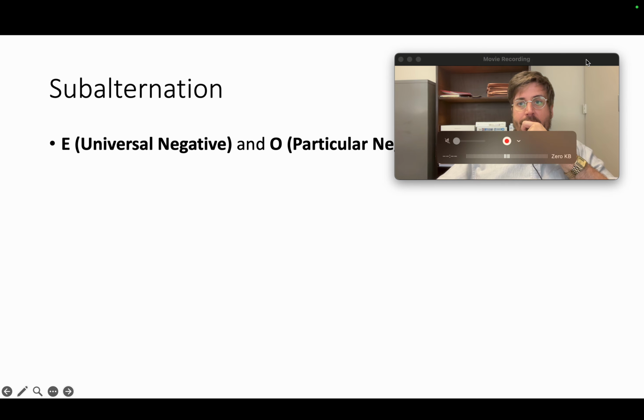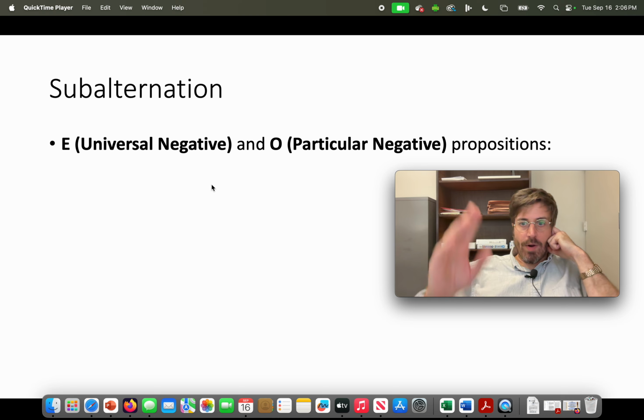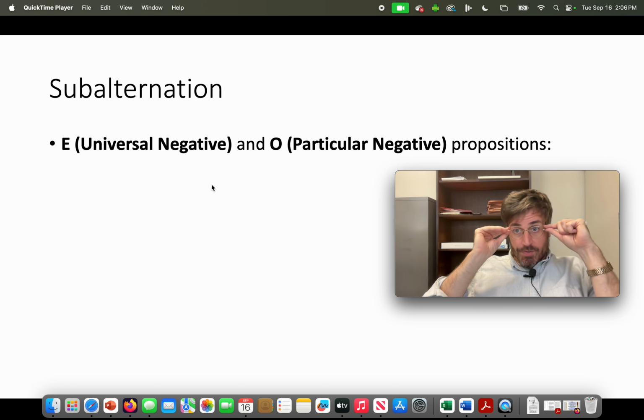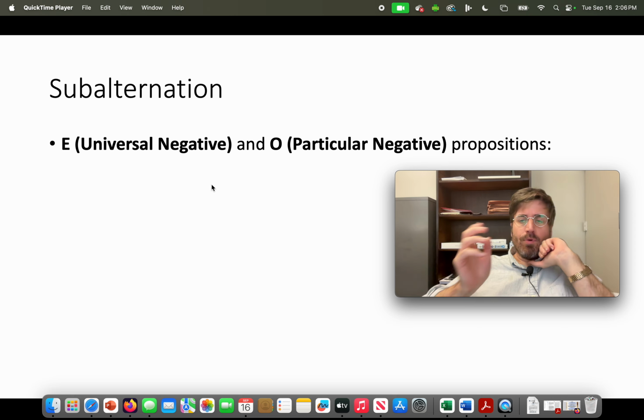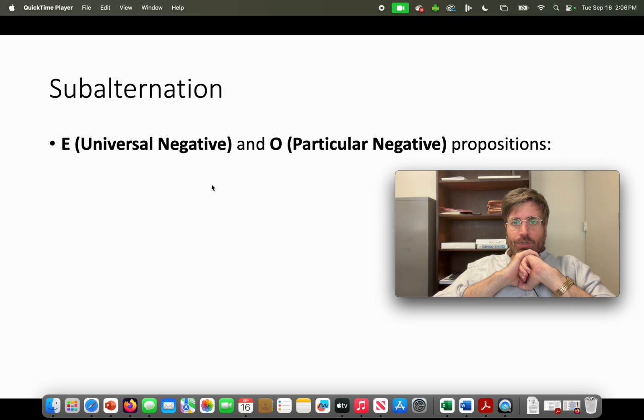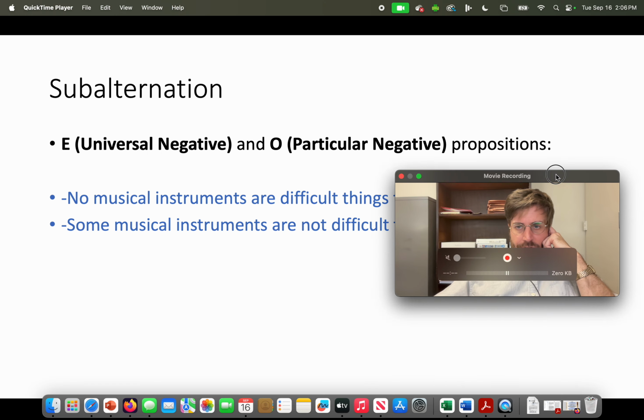When we're talking about the E claims, let's have a look at how this works. We begin on the right side of the square with the universal negative, and we move down from the E claim to the O claim, the particular negative, right? The logic works just the same.